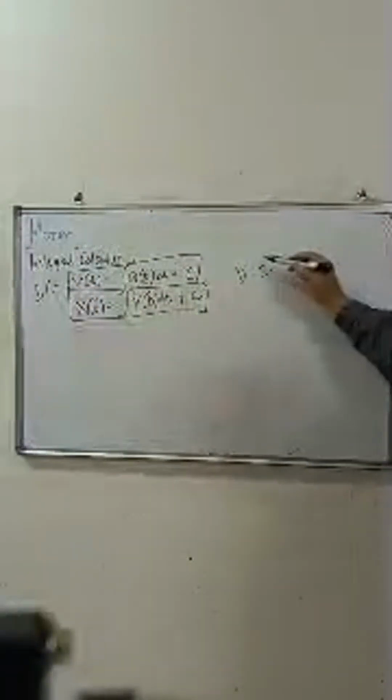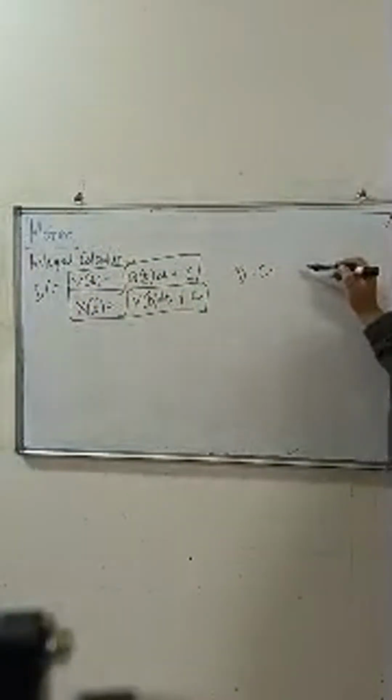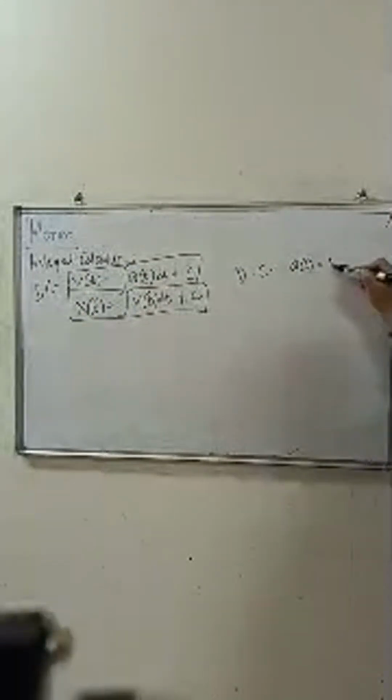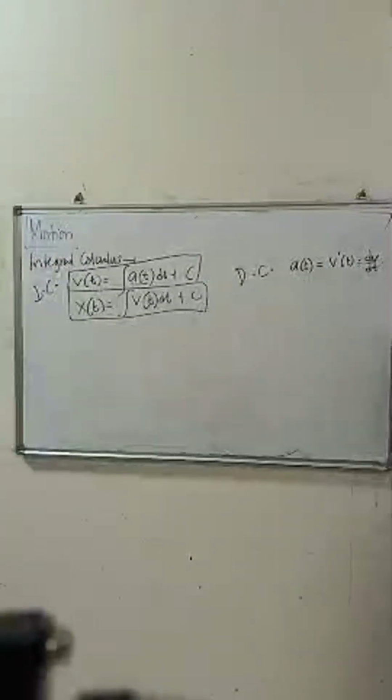Okay, so DC, we have here the velocity. The rate of change of velocity is the acceleration. So acceleration function of t is equal to v prime of t. This means this is dv/dt, the derivative of the velocity over the derivative of the time.